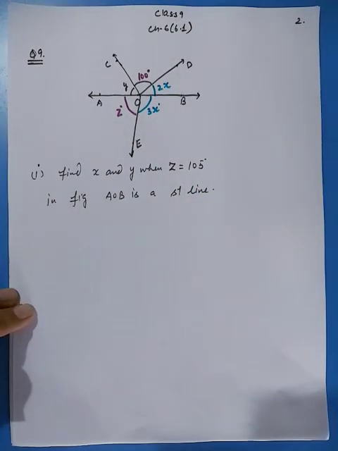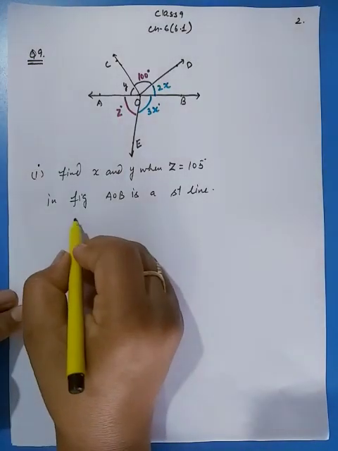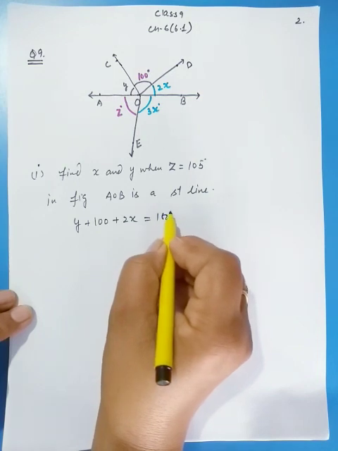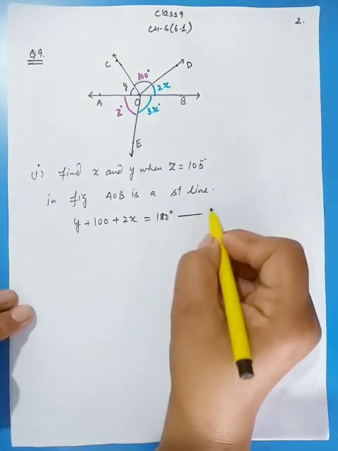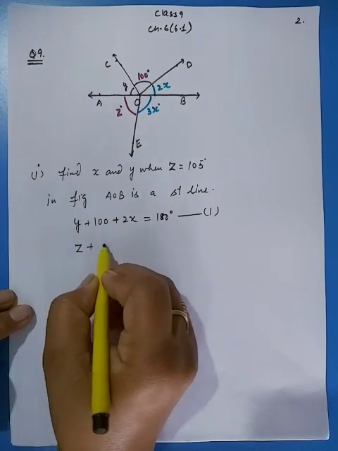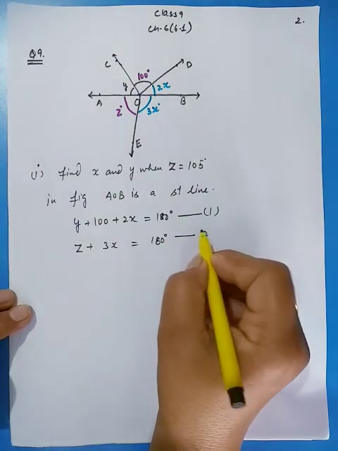So we have y plus 100 plus 2x is equal to 180. This is our equation number 1. And in the second equation we have z plus 3x is equal to 180 degrees.